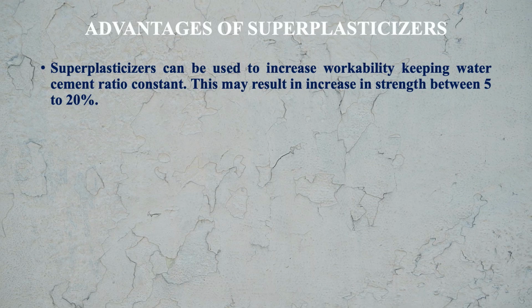Now let us see the advantages of superplasticizers. Superplasticizers can be used to increase workability, keeping water cement ratio constant. Means without changing the water cement ratio, we can increase the workability of concrete by using superplasticizers. This may result in increase in strength between 5 to 20%.